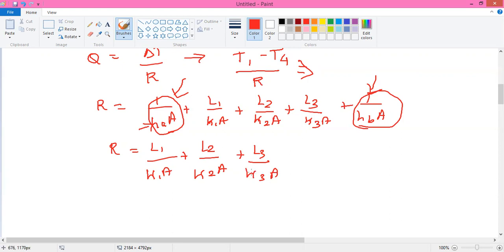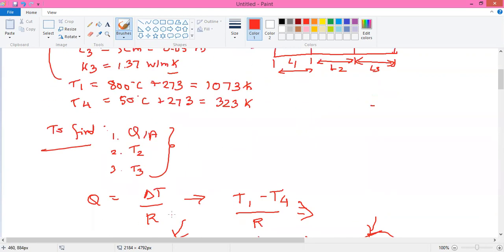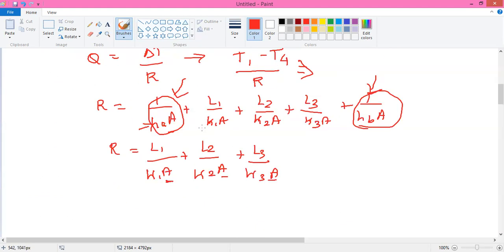Okay, so in all the equations we find the value per unit area, Q per unit area. So we take A as a common value: 1 by A into L1 by K1 plus L2 divided by K2 plus L3 divided by K3.